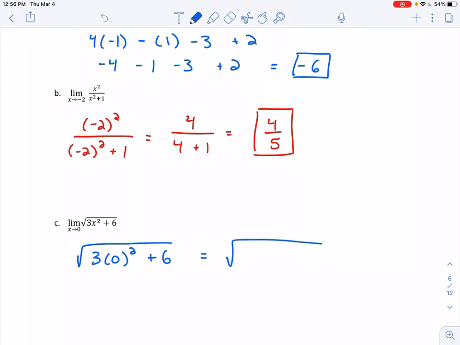I've got 3 times 0 plus 6. 3 times 0, that's 0, so I'm just left with the square root of 6, and that's my limit. For square roots in this class, please don't round them unless the problem specifically asks you to. If you can simplify the square root, then by all means go ahead, but the square root of 6 is not a perfect square. It's not going to work out nicely, so we'll just leave our answer for now as the square root of 6.